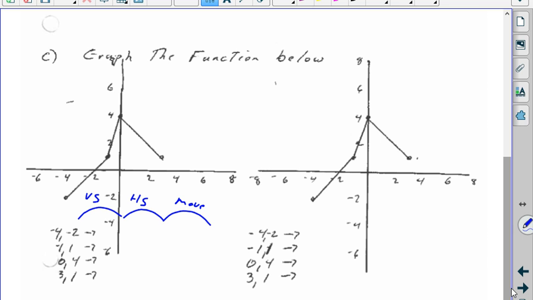So, -4, -4, -1, 2, 0, 8, 3, 2. Vertically stretched, horizontally stretched, -8, -4, -2, 2, 0, 8, and where am I? 6, 4. Nope, 6, 2.